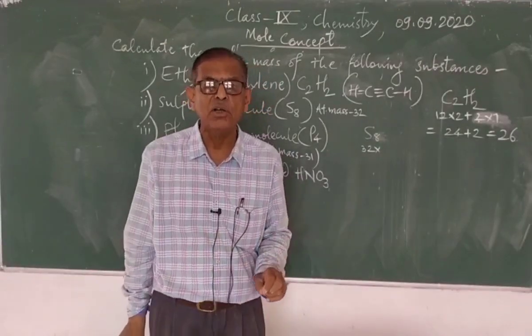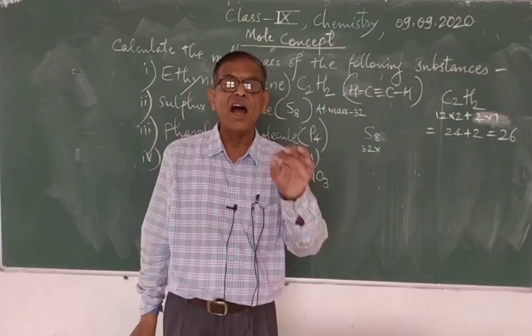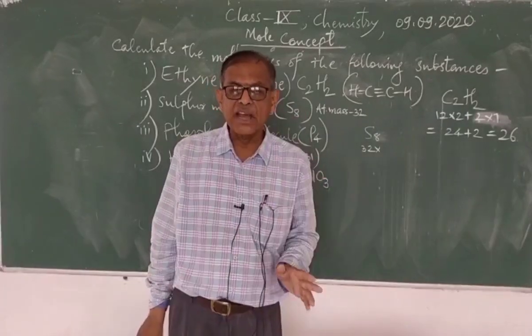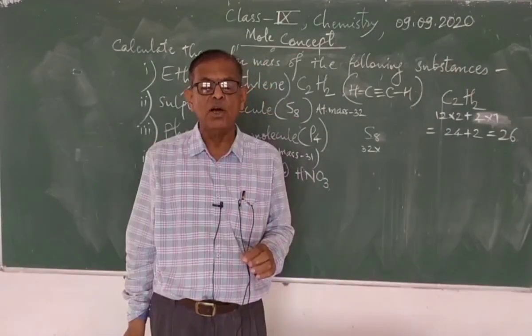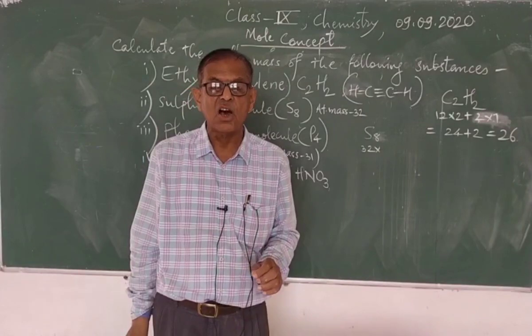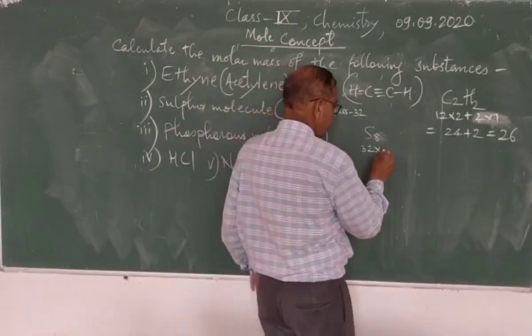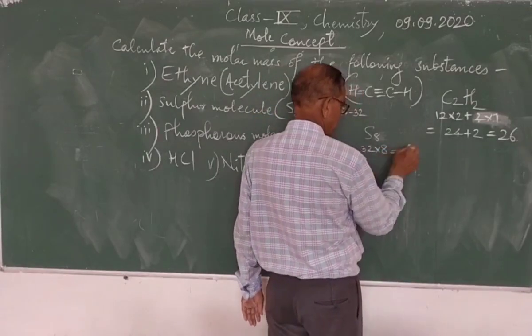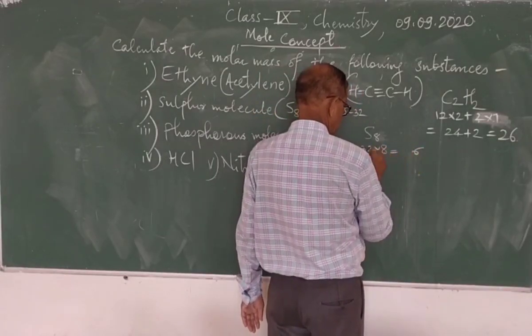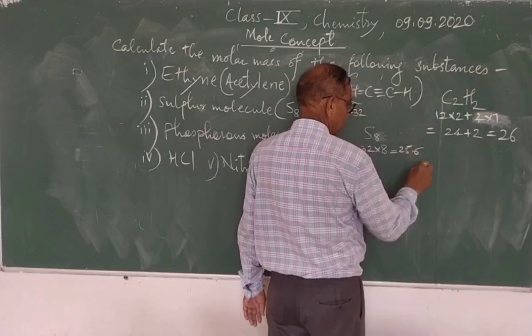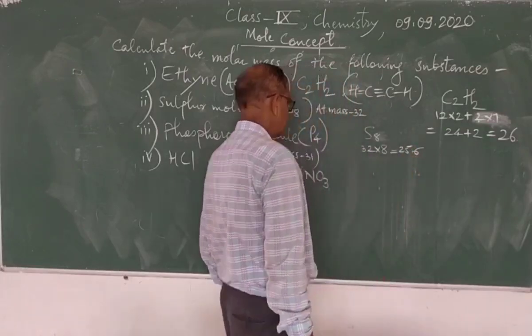Remember, octatomic means one molecule of sulfur consists of 8 atoms. So 32 into 8 is equal to 256. So molar mass of sulfur is 256.